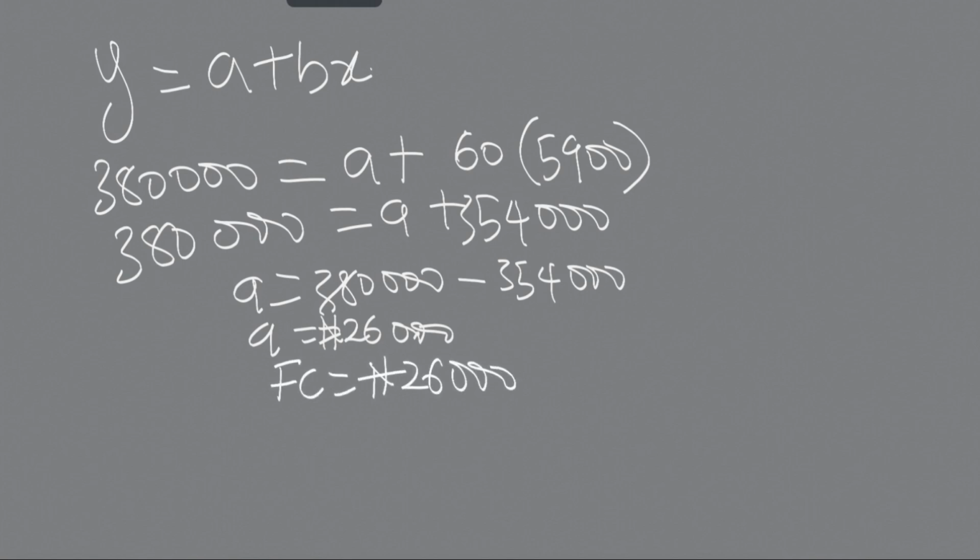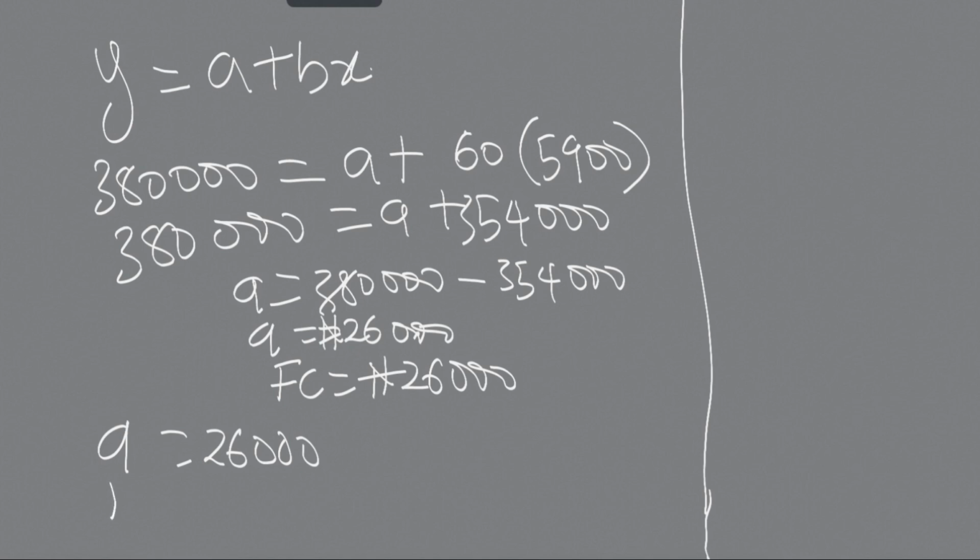So our fixed cost is 26,000 naira. To make it more understandable, since we have our a, the fixed cost, as 26,000 naira, and our b as 60 naira per unit, we can easily substitute depending on whatever x is. Let's assume x is 500 units.